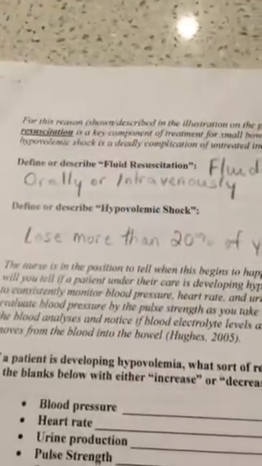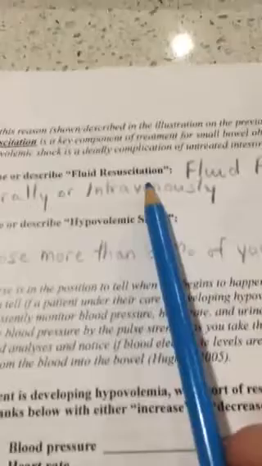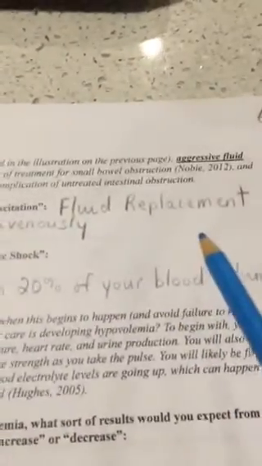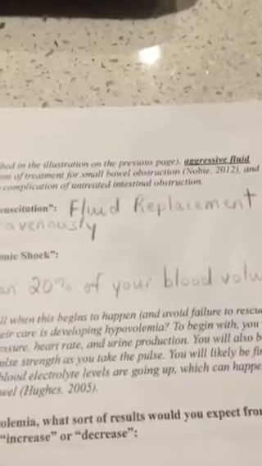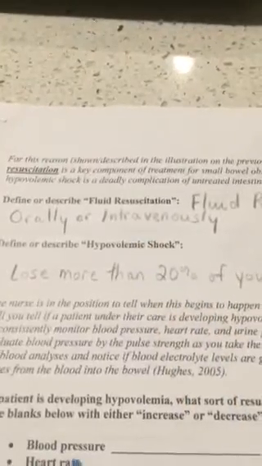For this reason, we've dropped blood volume, blood pressure is dropping. We need to treat with aggressive fluid resuscitation. So what is fluid resuscitation? Well, that's fluid replacement. So we're going to give the patient fluid replacement to try to bring their blood volume back up. And that can be done orally or intravenously.